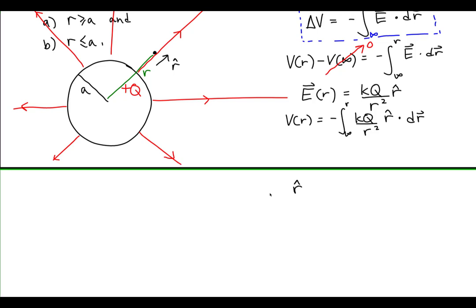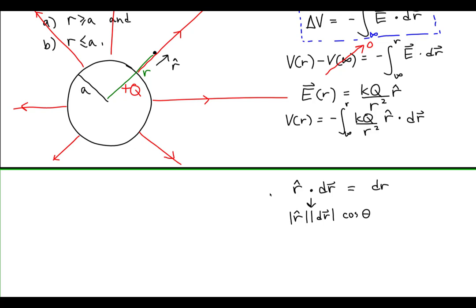Well, remember, a unit vector r hat dotted with a displacement differential dr is equal to the magnitude of the differential. The reason is that one version of the dot product says the product of the magnitudes of two vectors times the cosine of the angle between them is equal to the dot product between those two vectors.